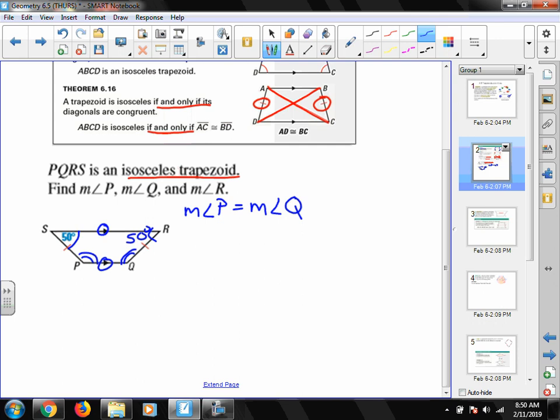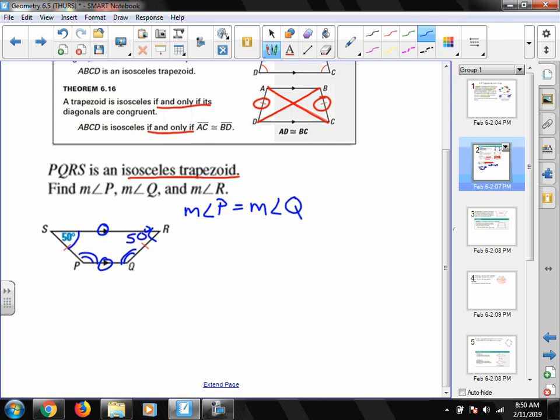Angle Q and angle R are consecutive interior angles. If you go back to chapter 4 or 5, I think it was chapter 5, we're dealing with consecutive interior angles being those parallel lines, and that means they have to add up to 180.